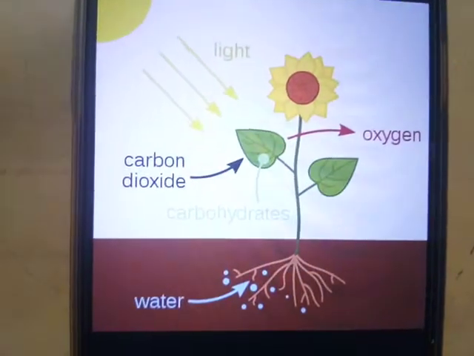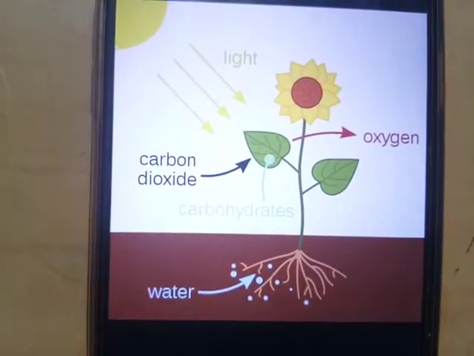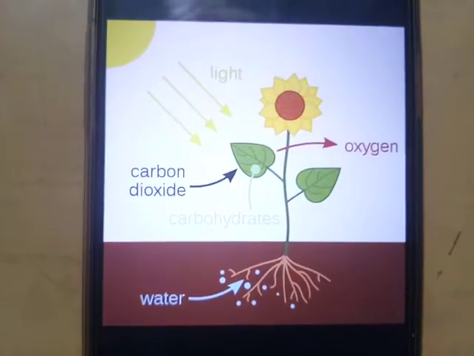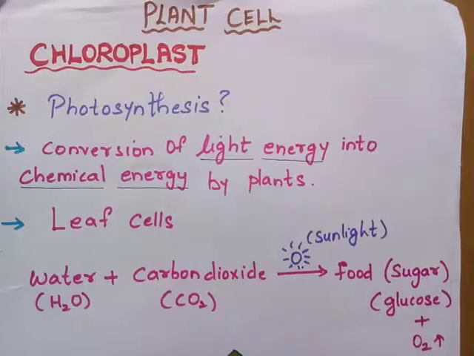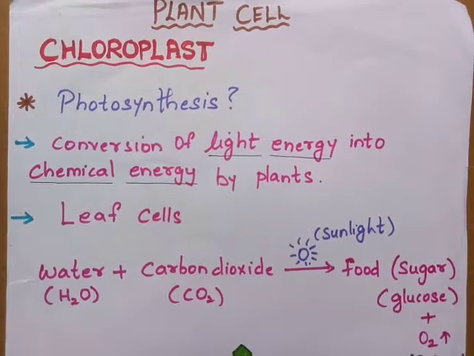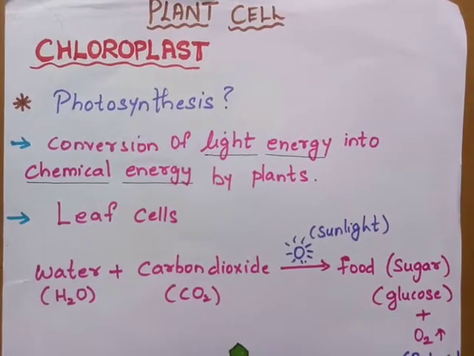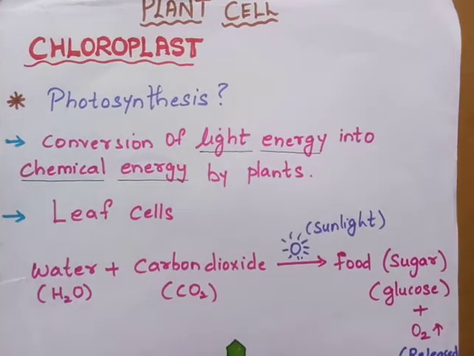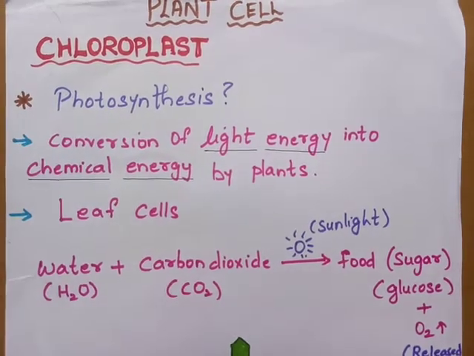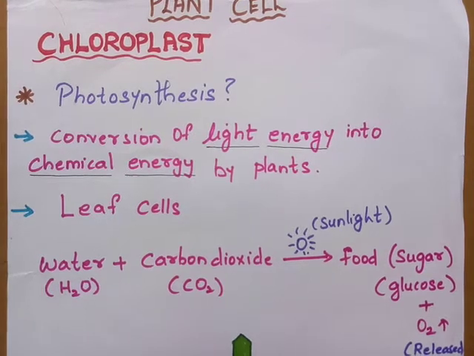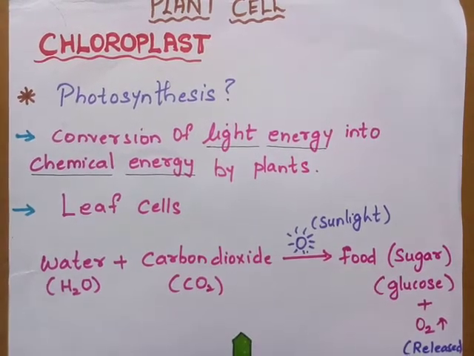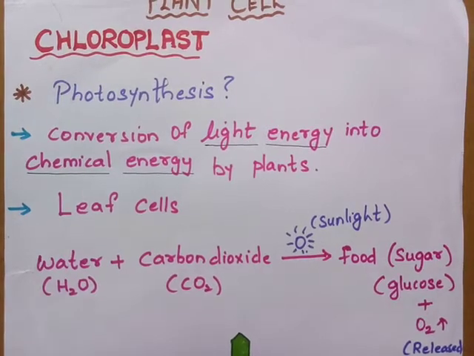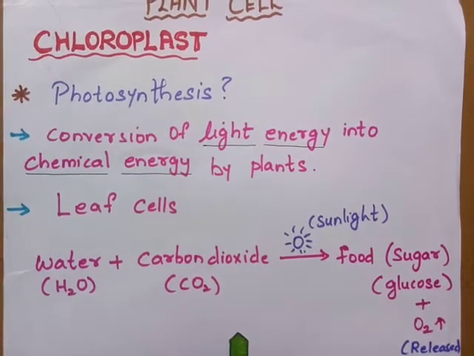This is the basic thing we have studied about photosynthesis in our younger days. You also say it is the conversion of light energy into chemical energy by the plants. That is, they absorb the sunlight and prepare their food, making use of the sunlight to prepare their food.